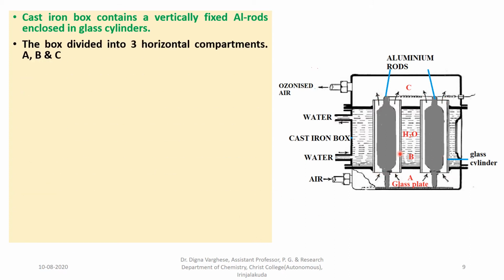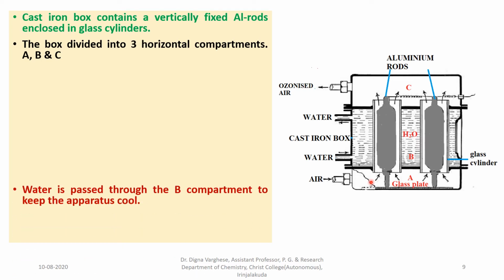The box is divided into three horizontal compartments. The lower compartment is represented as A, the middle compartment as B, and the upper compartment as C. So the cast iron box is horizontally divided into three compartments, A, B and C.